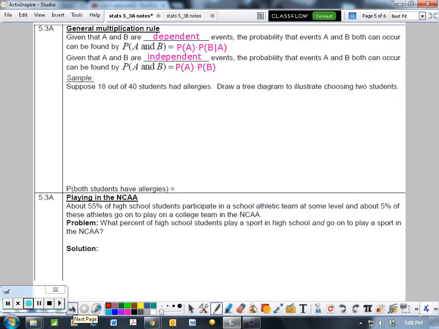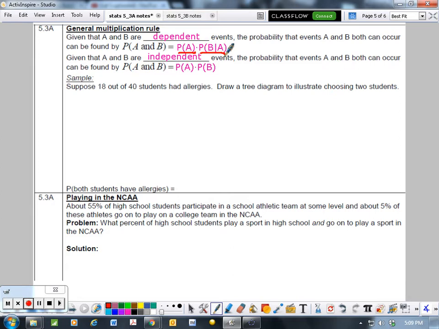So here is that general multiplication rule. If A and B are dependent, then the probability that events A and B occur is the probability of A times the probability of B given A has occurred. Because A changes the probability of B, we have to change that idea.